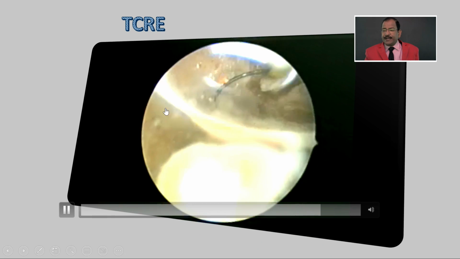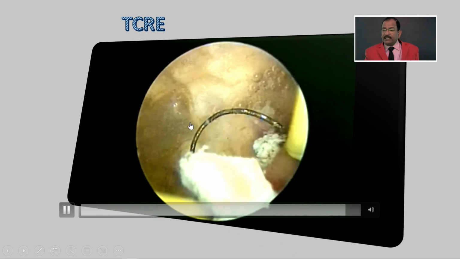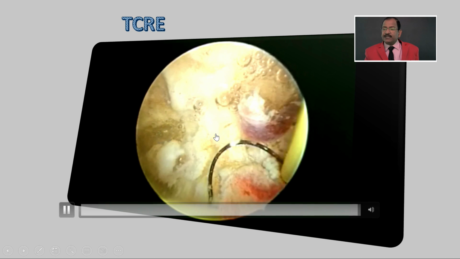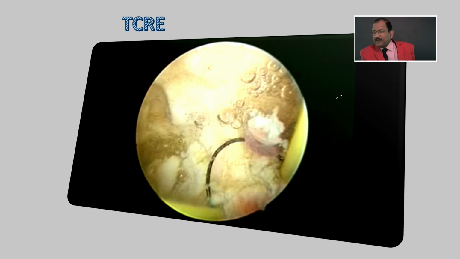Here you are cutting and you will stop at this level, and you see resection is going on. Only 30% success rate is there, so it's basically an obsolete procedure. Because nowadays thermachoice and balloon ablation, Novasure generally are used, TCRE is not popular, but some gynecologists are still doing it.